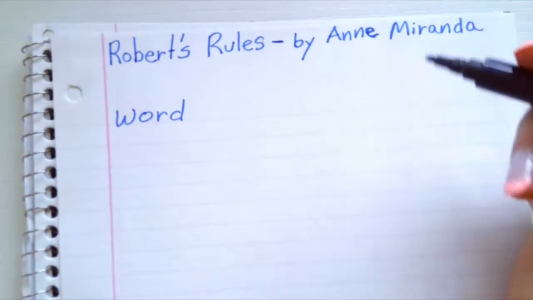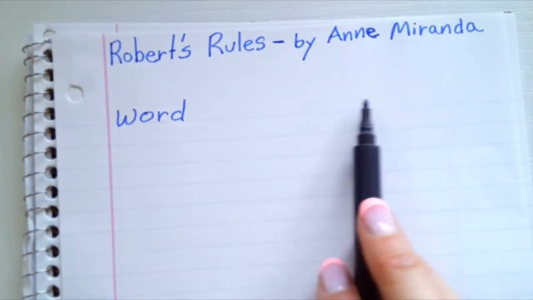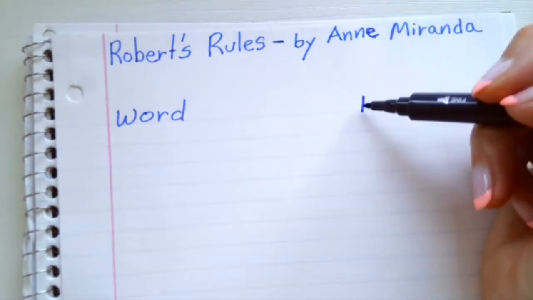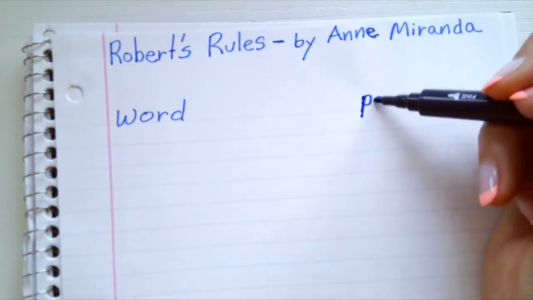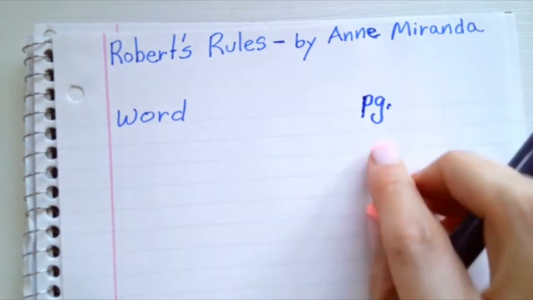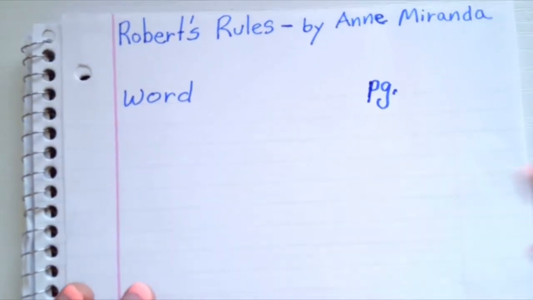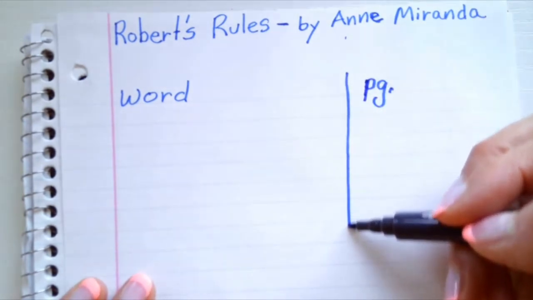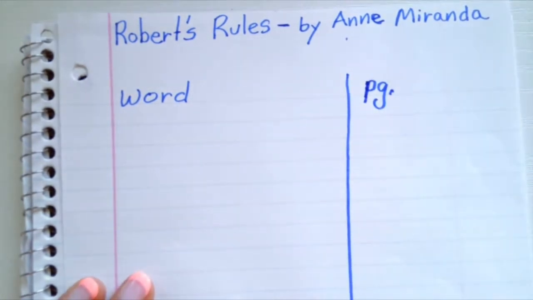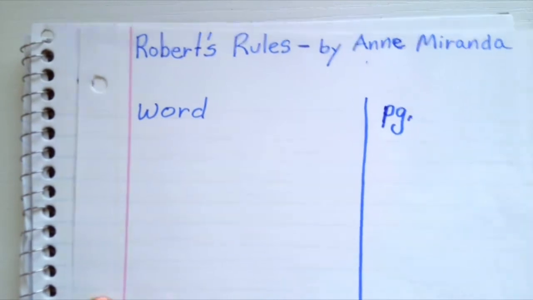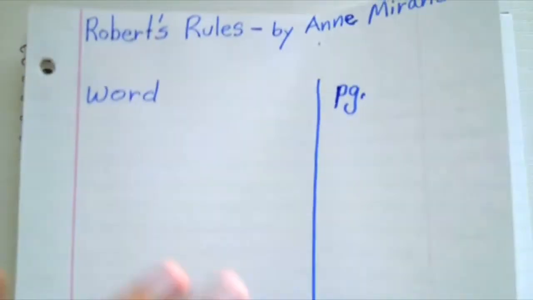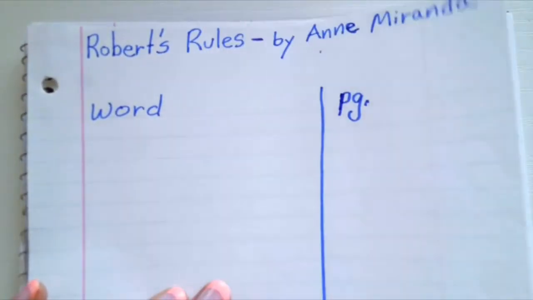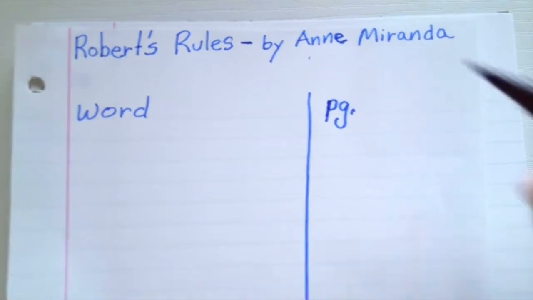Then way over here, a little past the center, I'm going to put the letters PG and a dot. This stands for page. And I'm going to make a line going down as carefully as I can. One trick that sometimes works if you have a hard time making a straight line is to fold the paper and then draw on the fold.